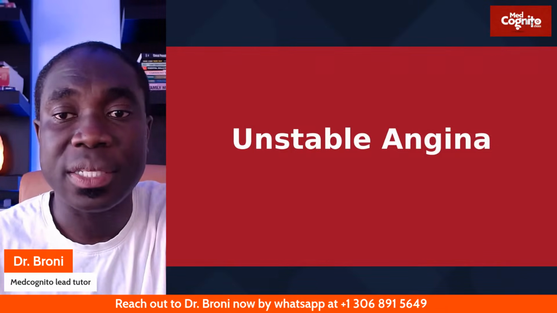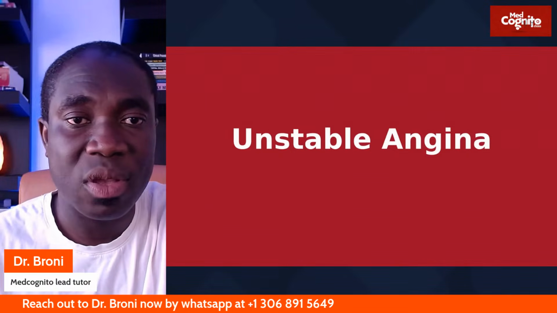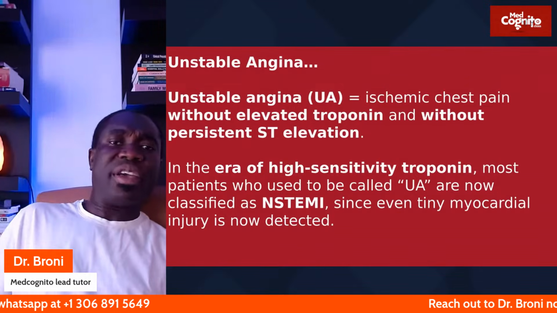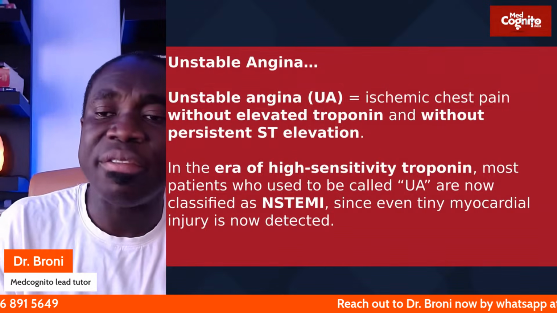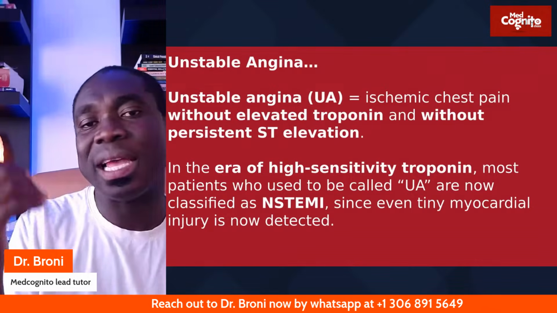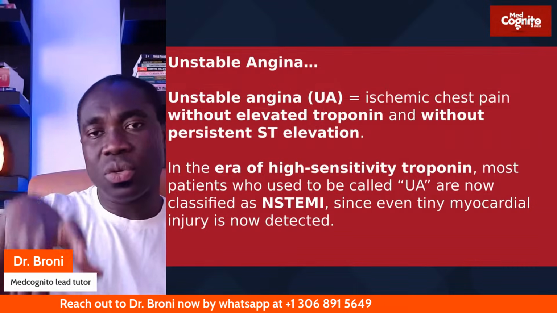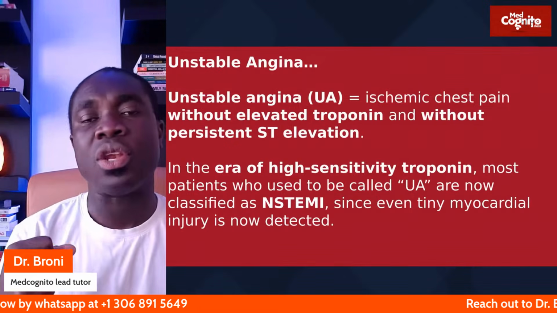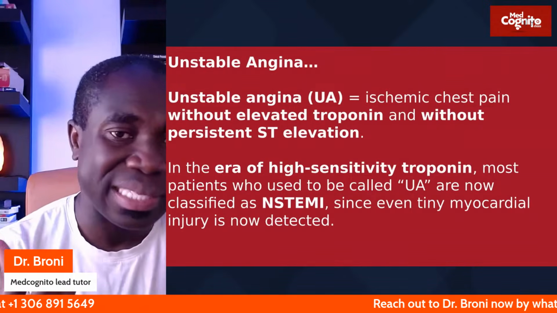Okay, awesome. So unstable angina basically refers to ischemic chest pain without elevated troponin level and without persistent ST segment elevation. Okay, so ischemic chest pain, troponin level is normal, no persistent ST segment elevation.